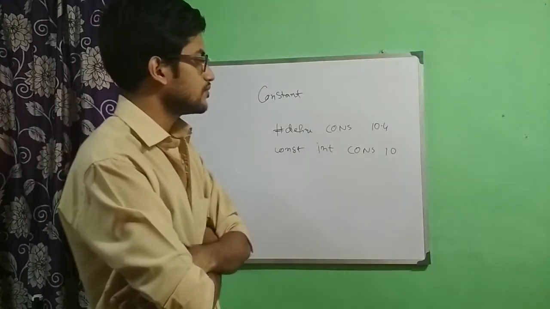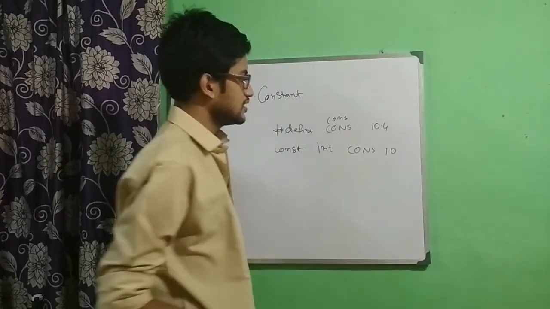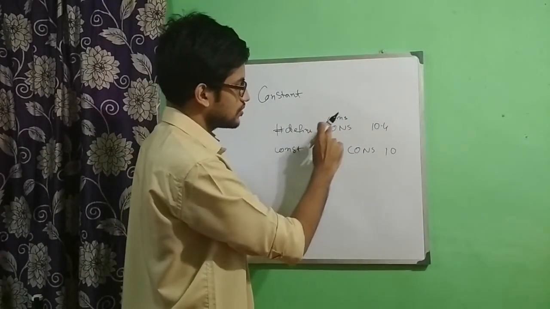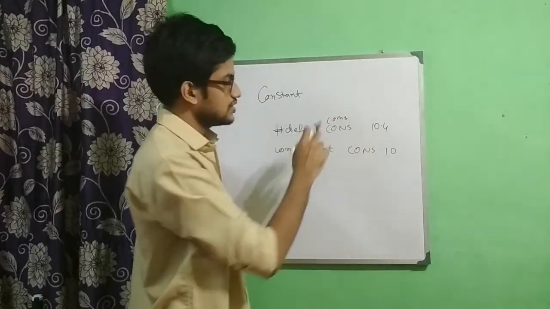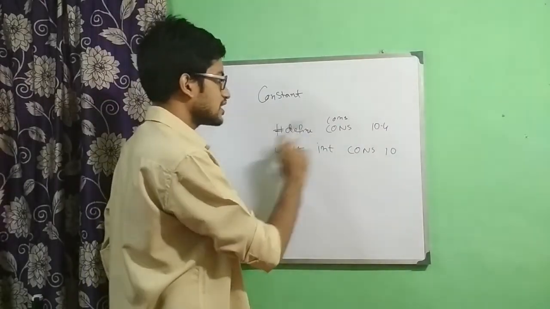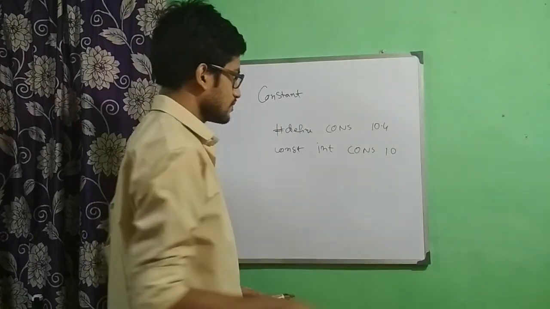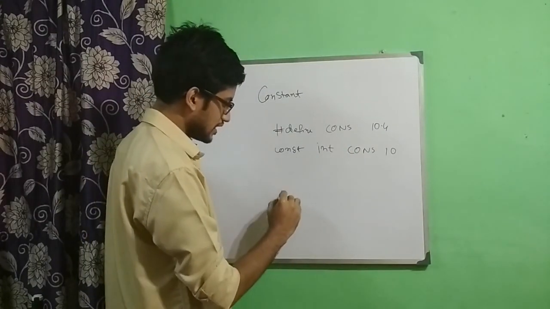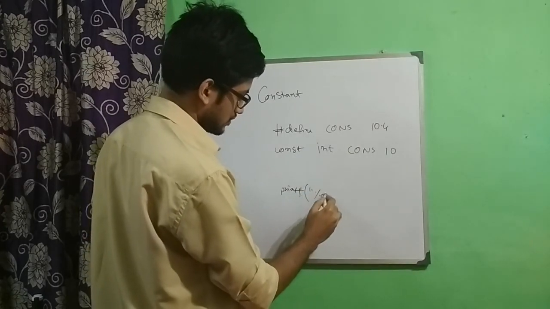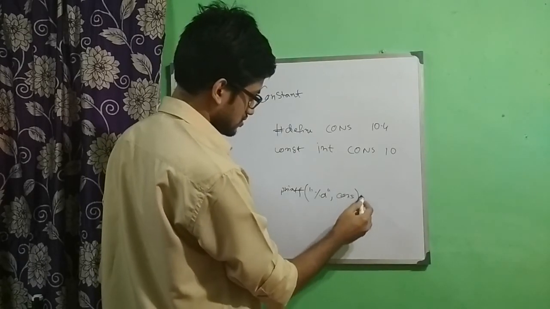But if I write cons in smaller case, and only look at this word, let's say these two parts are hidden from you. Or in cases where you have used printf and cons in small case.